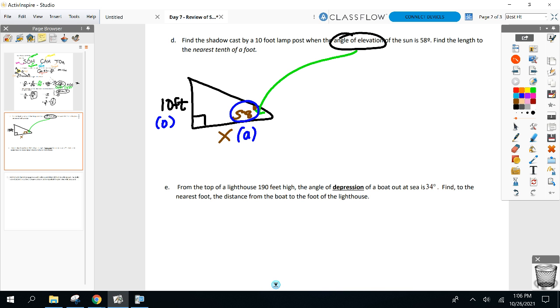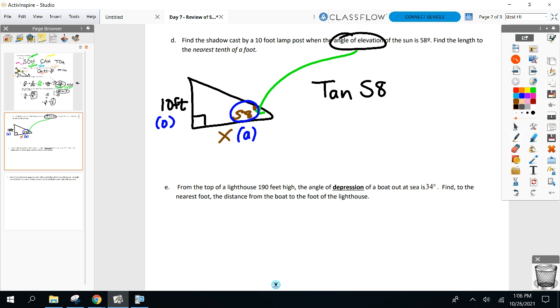All right, so O and A, go back to SOHCAHTOA. If you have the opposite and adjacent side, we're going to need what for my equation? Sine, cosine, or tangent? Tangent, abbreviated TAN when I write it in the equation. What's the angle I'm using? 58. We're going to get better at this now. It's our second one.